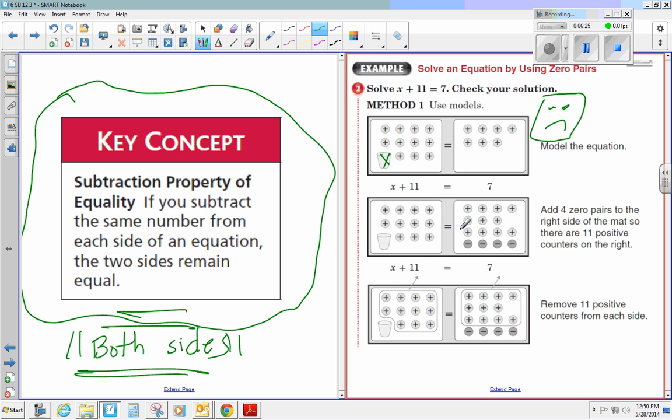So we add some of these. Remember, a plus and a minus undoes one another. And when I remove 11, all that's left over are these negatives.